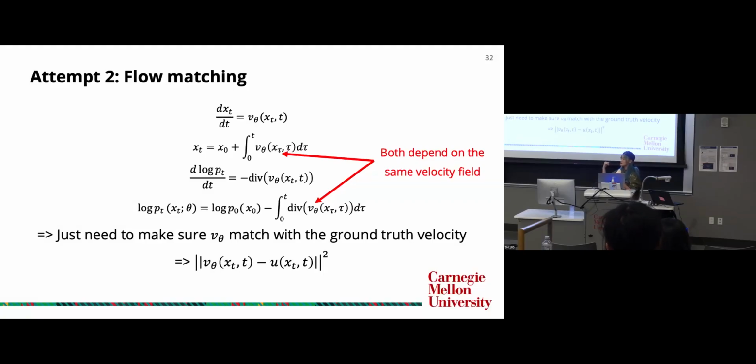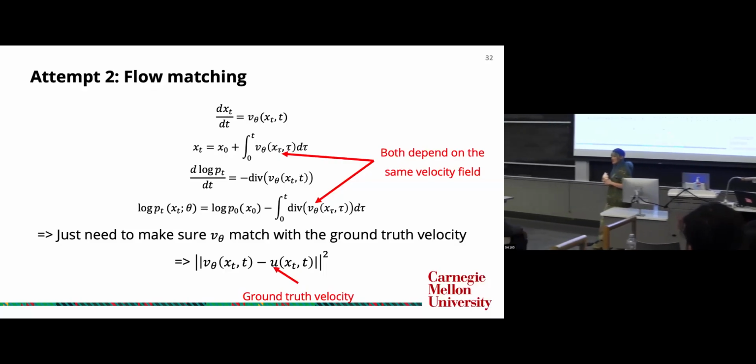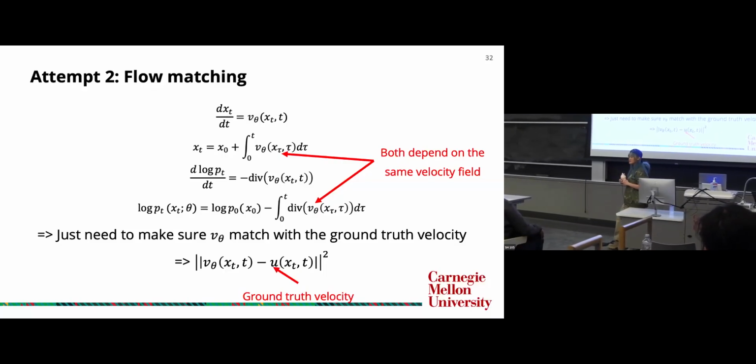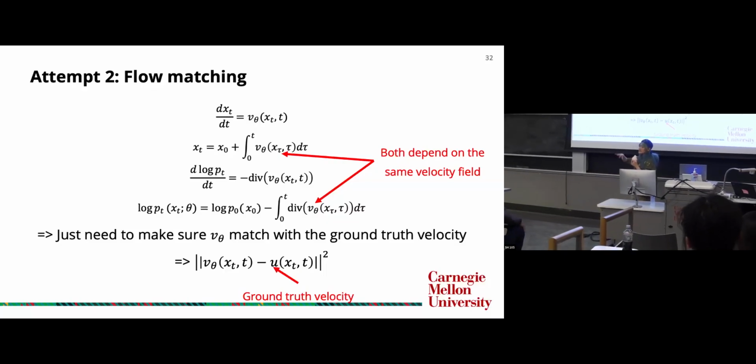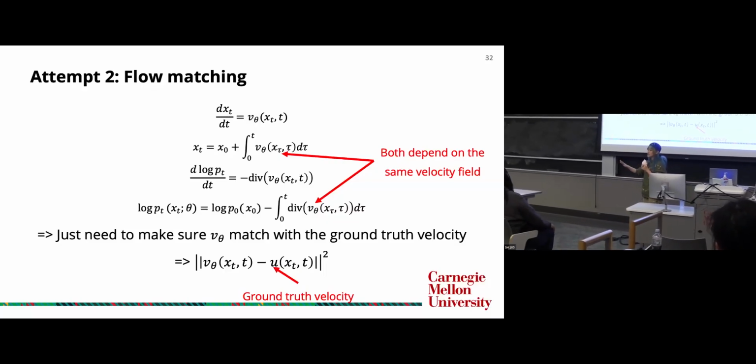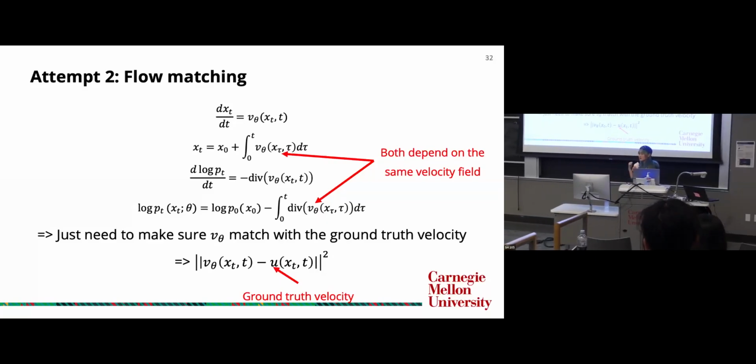So you just do L2 to match the ground truth velocity. Easy, right? What is the problem? Yeah. We're not doing maximum likelihood anymore. So basically what we're saying is that in order to do either sampling or likelihood estimation, we just need a velocity. If we have a model for velocity, then we can do integration at inference time. We don't need to do integration at training time anymore, right? But what is the problem here?